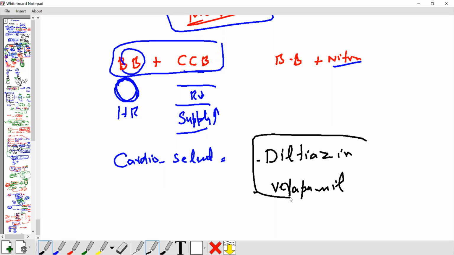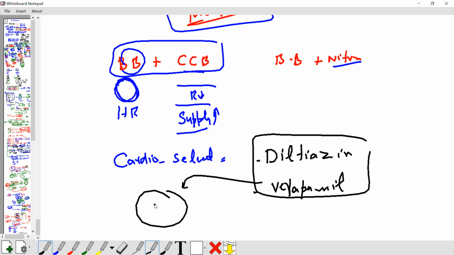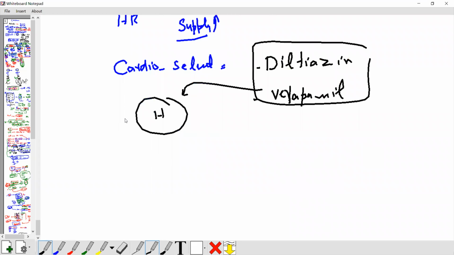These two calcium blockers act directly on the heart. If you remember, the nodal current and action potential produced inside the SA node, the AV node, and the conducting system depend totally upon calcium.